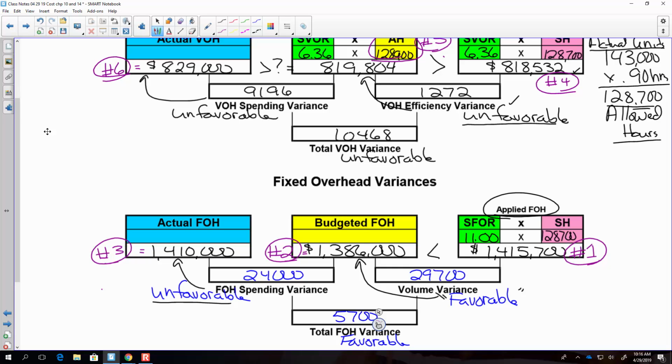If you're the manager of this company, how would you solve the spending variance problem? How would you fix it, what things could we fix?